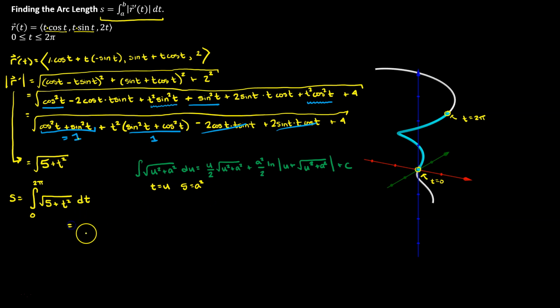So for our integral, that would look like t over 2 square root t squared plus 5 over 2 ln, whoops, kept a u there, that should be a t plus square root t squared plus 5. And I don't need the plus c because I'm going to evaluate this integral between 0 and 2 pi.